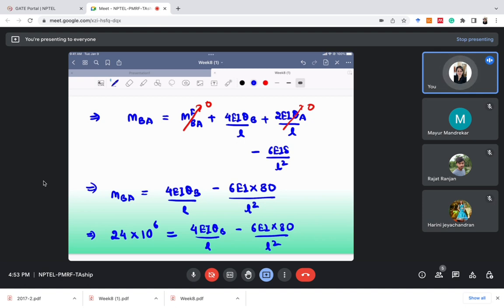The only unknown here is theta B. Other than theta B, everything is known, so we can find the value of theta B from here. Can you solve for the value of theta B?